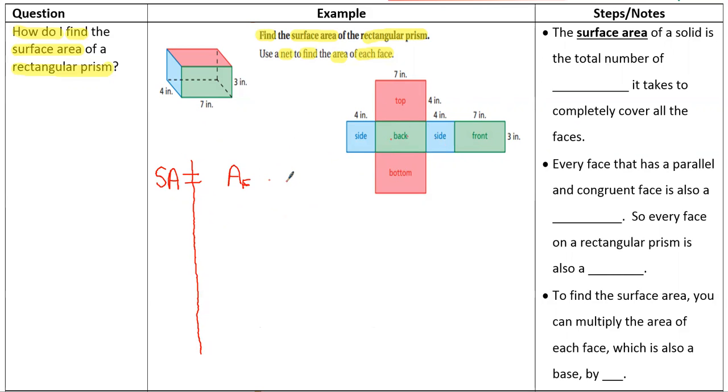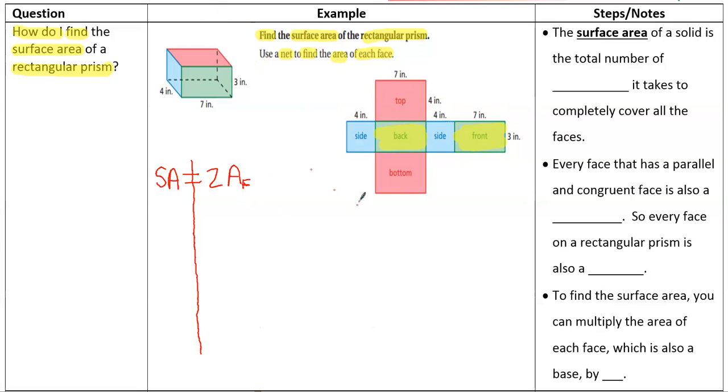I could add the area of the back, or what if I multiply the area of the front by 2? Whatever the area is here, if I multiply it by 2, that means I'll have found the area of the front and of the back. And then I'll already have 2 of the rectangles out of the 6 done.